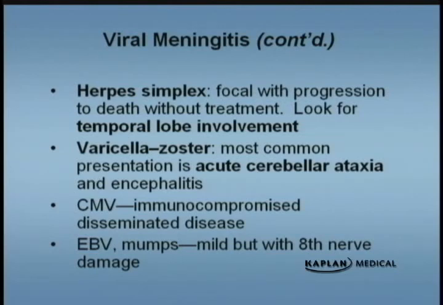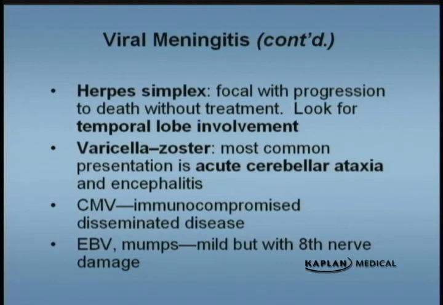So look for a focal seizure, or they might describe temporal lobe findings on a CT scan or on an MRI or on an EEG. If that's the case, herpes simplex virus goes to the top of your list, and these patients should be treated with acyclovir. Varicella zoster can actually also cause some encephalitis type pictures or meningitis type pictures.